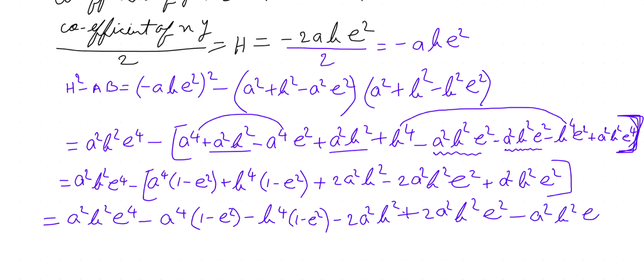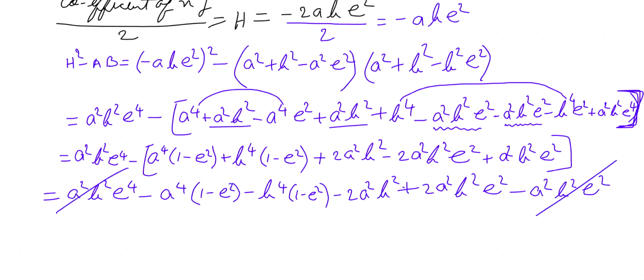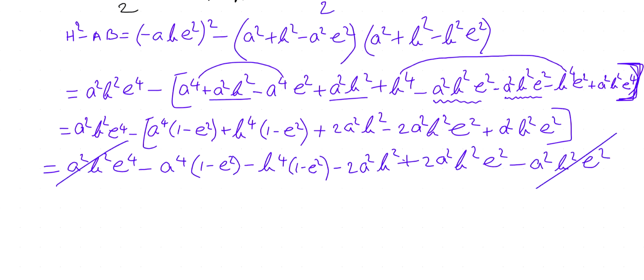This first term and the last term, they are same. A square B square e to the power 4, not E square. This is e to the power 4 actually. Was a writing mistake.